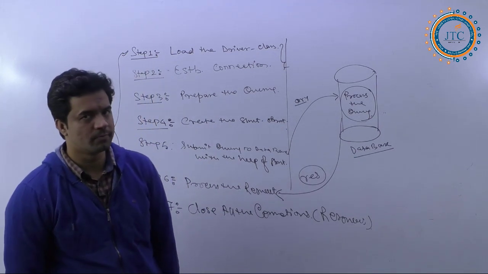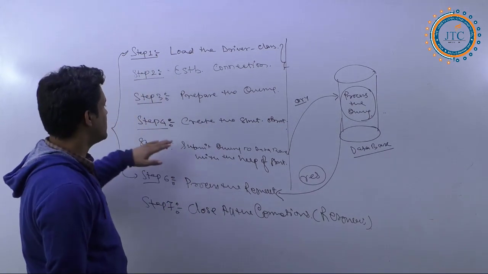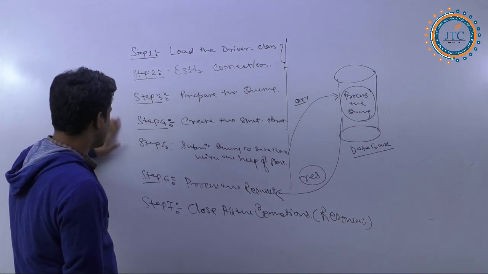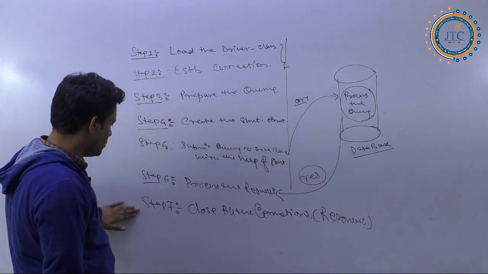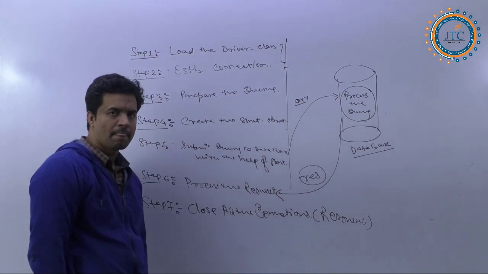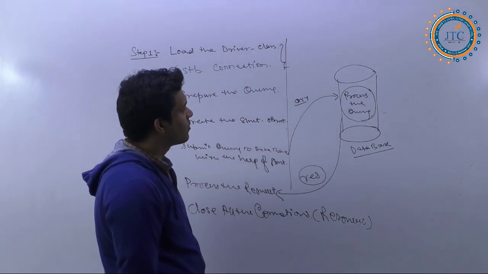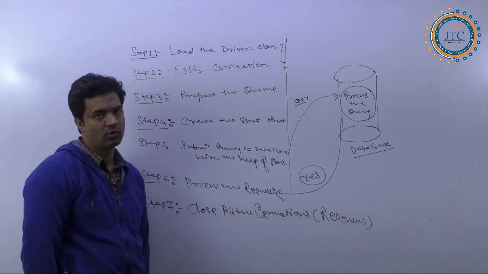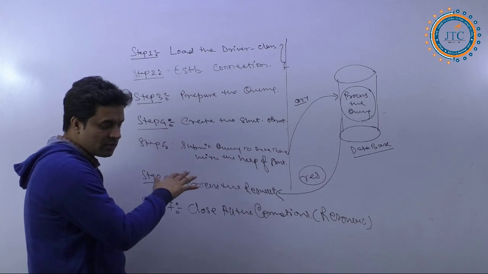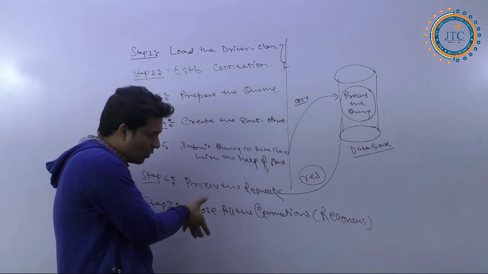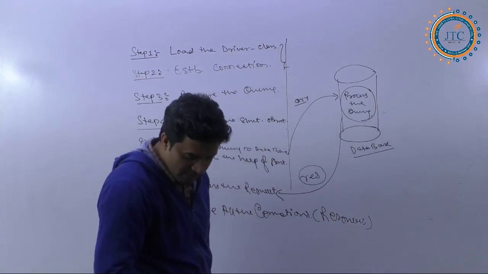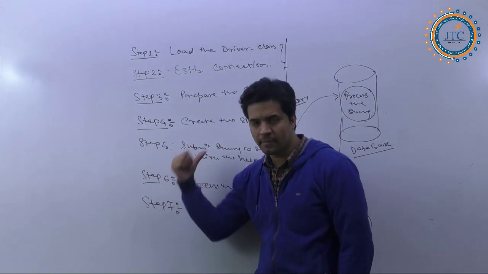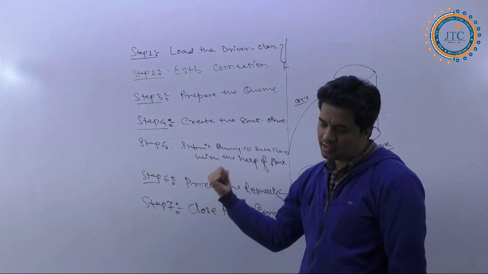These are all the steps we must follow, the different steps we are going to process with the database. These are the steps we follow in order to write a simple JDBC query. Now based on that I will be writing the program, but are these steps clear to you all?